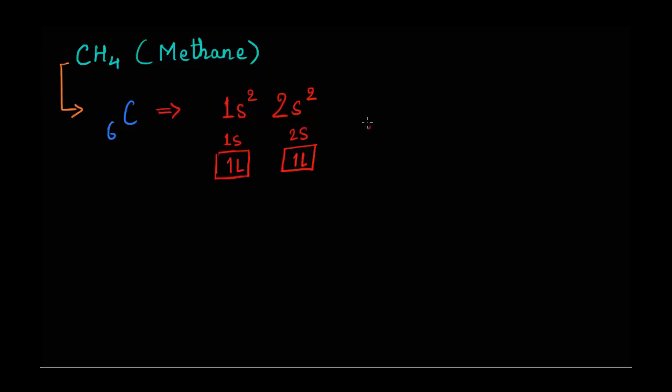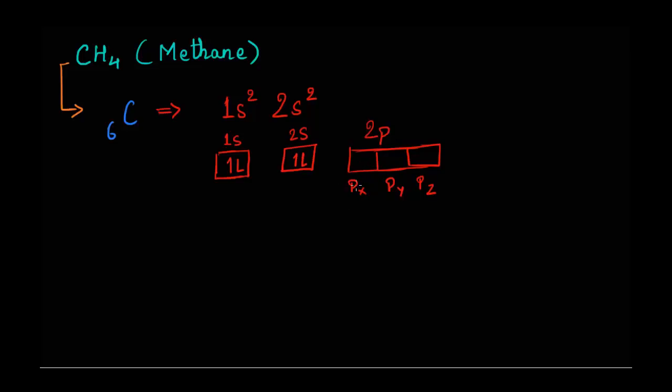Now my next one is the 2p orbital. The 2p subshell has three orbitals, let's say px, py and pz, which we have already seen in atomic structure when we spoke about orbitals.